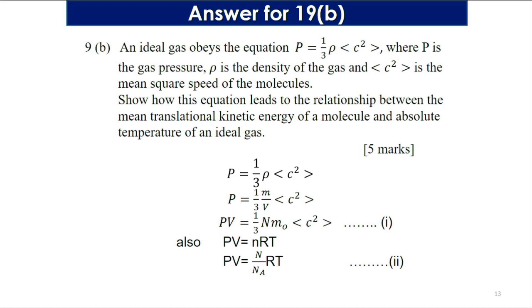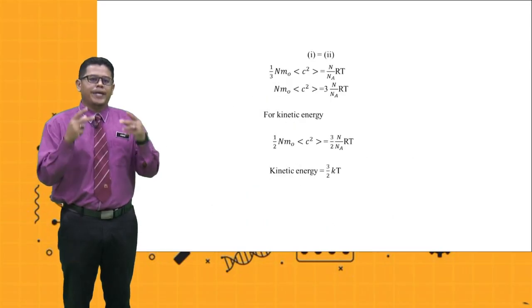And also we note that PV is equal to nRT for the ideal gas equation. And then PV, with n becoming N over N_A, number of molecules over Avogadro number, is equal to N over N_A RT. And this will create our second equation. And therefore, when we have the first equation and the second equation, we relate them to each other.